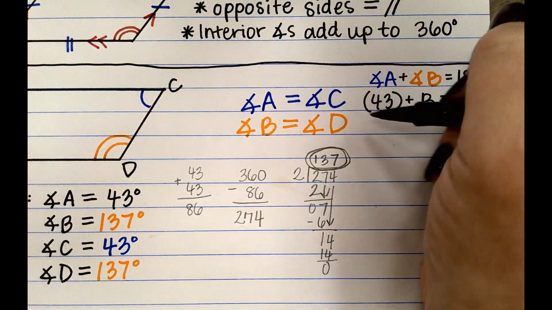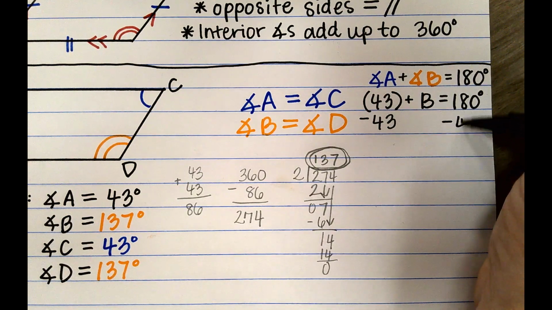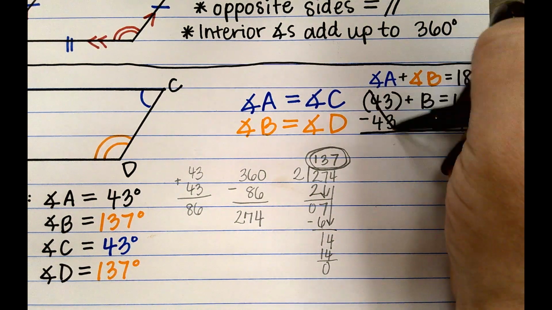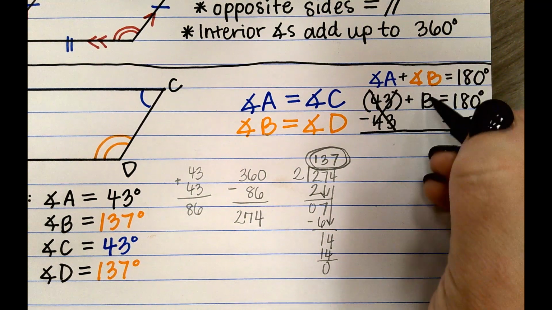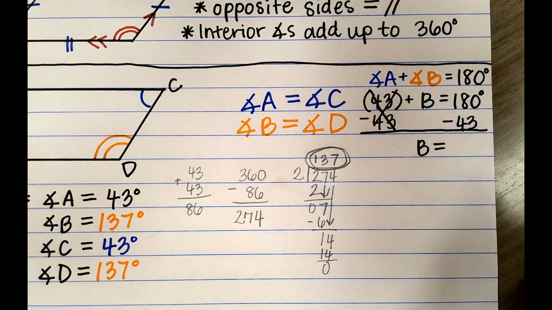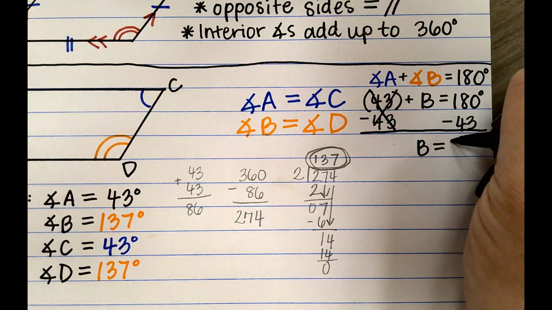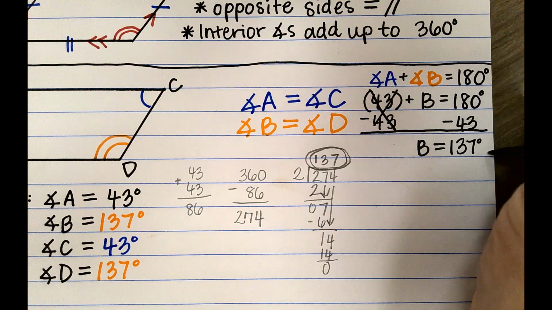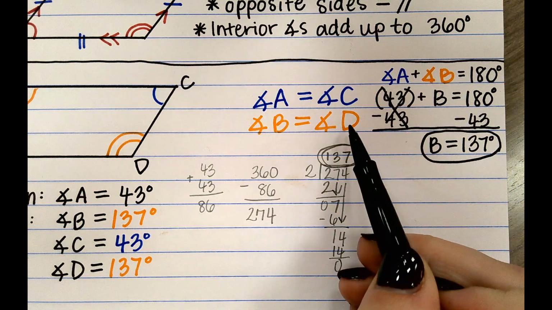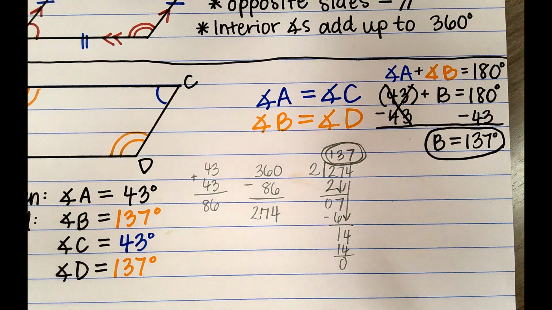Subtract 43. Yes, subtract 43. Your parentheses kind of threw me off. Yes, the parentheses can definitely throw you off a little. That's just a placeholder. Okay, so I'll bring down my B equals 180 minus 43. We should get 137. And if angle B is equal to angle D, we just solved for both. So there you go.